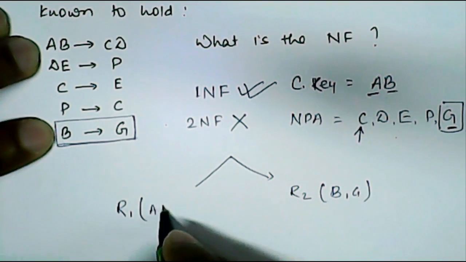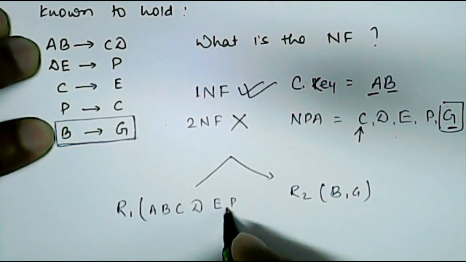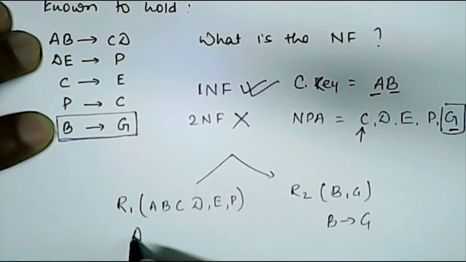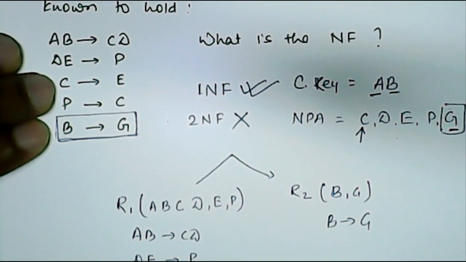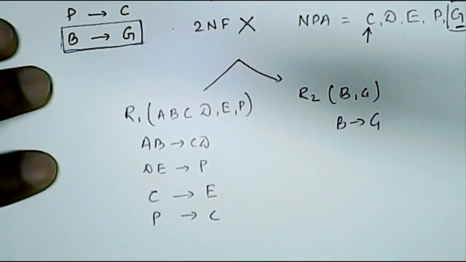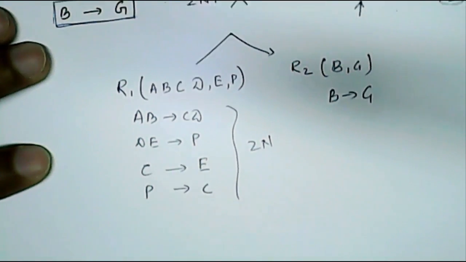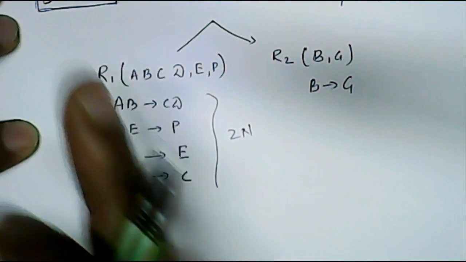So A, B, C, D, E and P will come here. Here it will be B determines G, and here all the remaining functional dependencies: AB determines CD, DE determines P, then C determines E and P determines C. Now this will be in second NF for sure, because we have already removed the violating functional dependency.